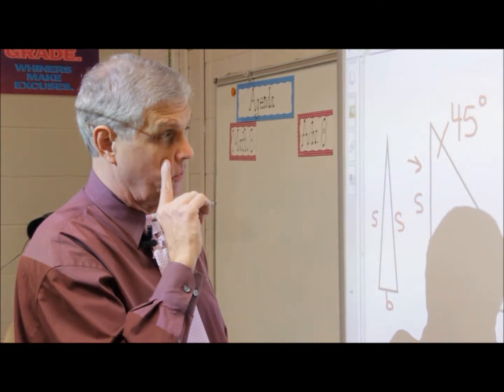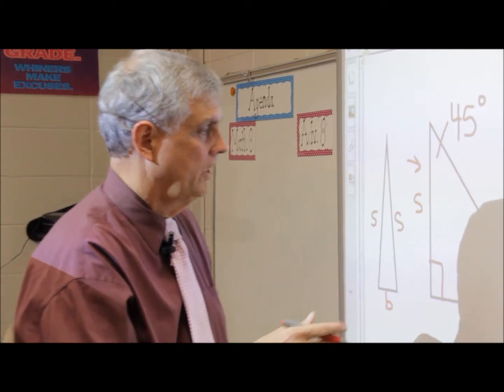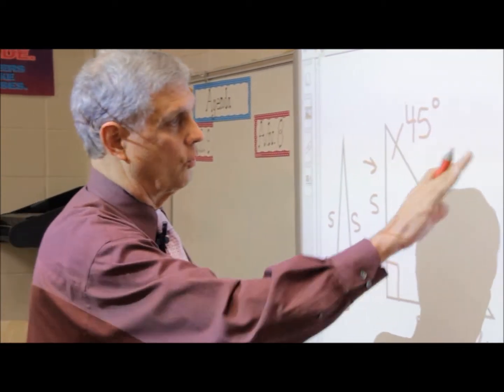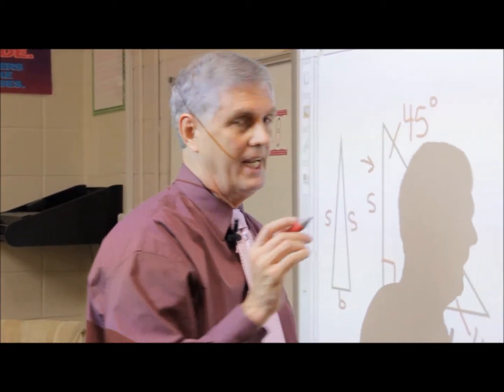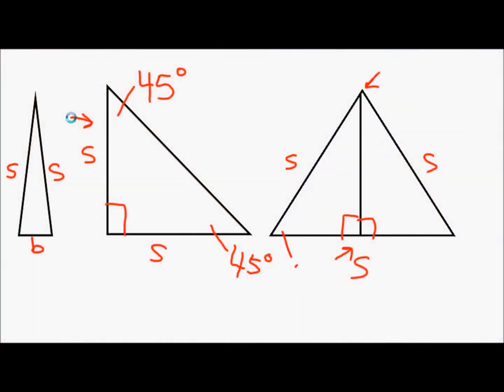Now, why do I want to show you this information? Well, let's first back up and look at the whole triangle as a whole. In any equilateral triangle, each of these angles is going to be 60 degrees. This one over here is 60 degrees, and this one over here is 60 degrees.